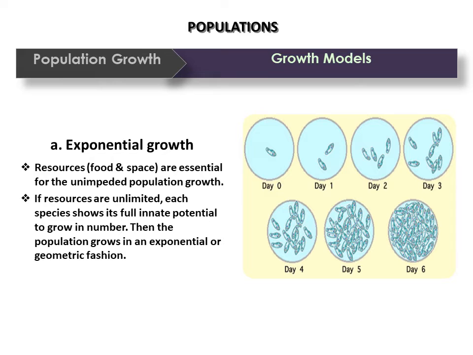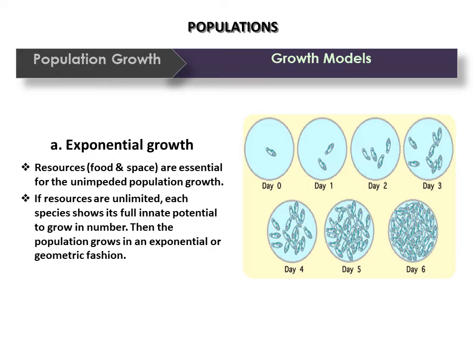You can think that it can double every half an hour. So if I give enough food to E. coli colonies, they are going to multiply every half an hour. There will be a growth in their population, and that is what is exponential growth. If the food is available, definitely yes, that is a condition you have to keep in your mind. So the population grows in an exponential manner.